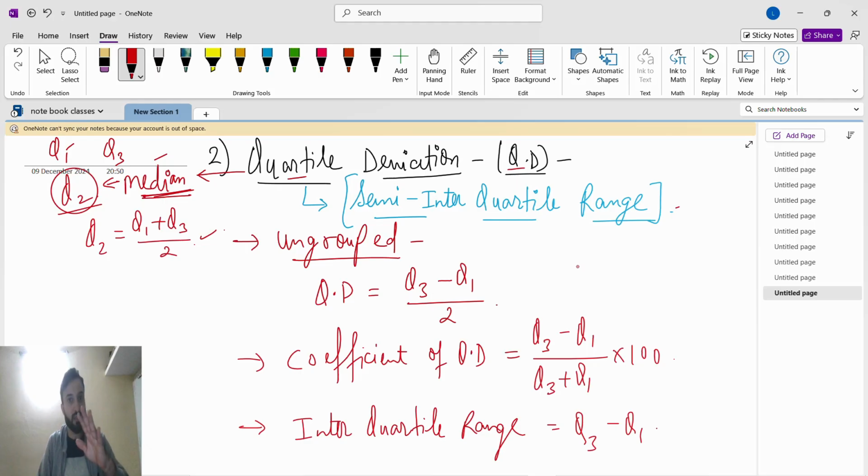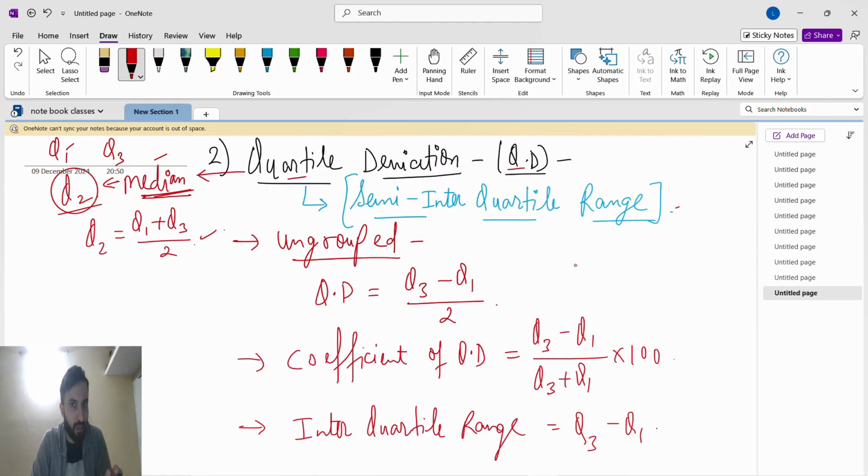Okay, fine. Now guys, see, first thing: if they say "the quartiles are", it means the quartiles are given.